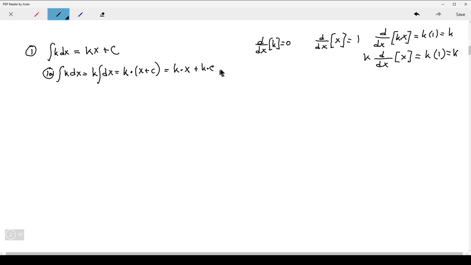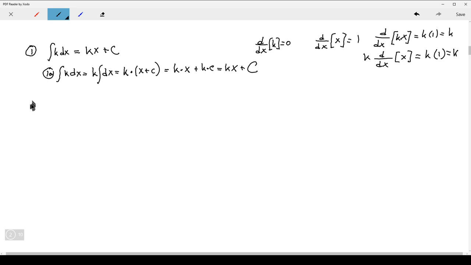K times c is just another constant, so we can just call it by our capital C that we're using. So both of these are the same. It's just two different ways of getting to the same place. But what this says is I can pull constants outside the integration sign, the antiderivative sign.